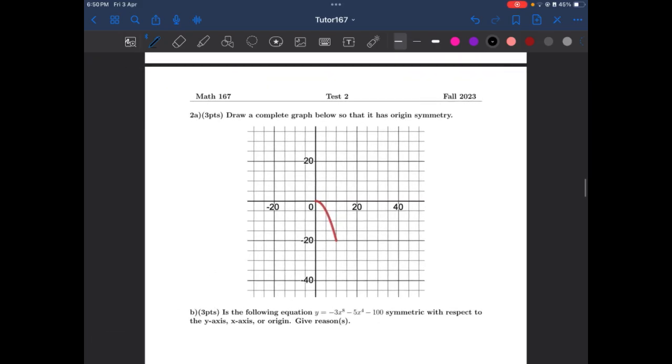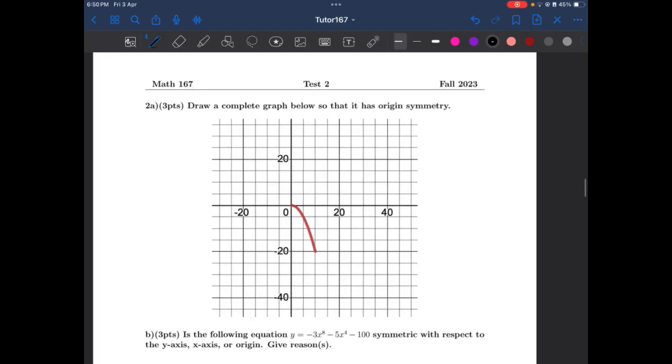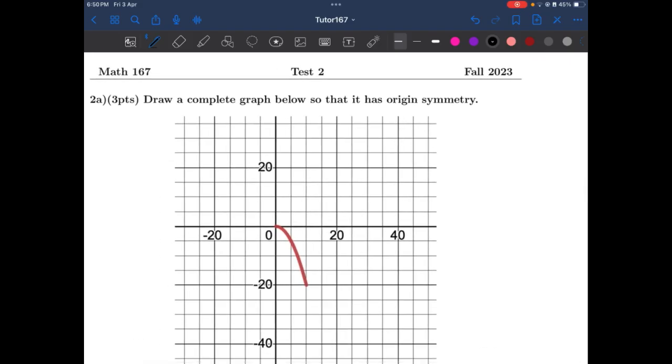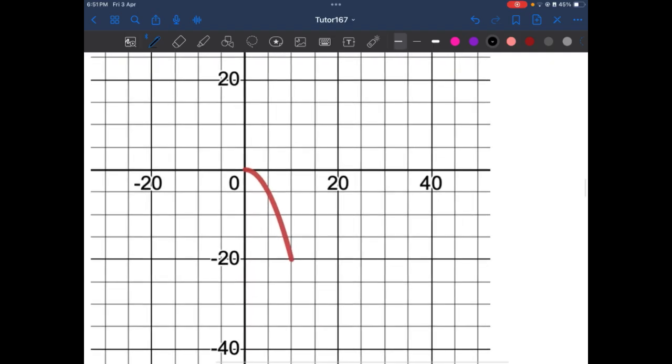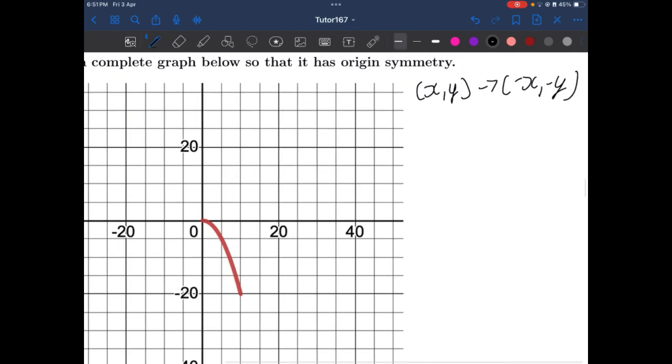Draw a complete graph so that it has origin symmetry. When you want to graph origin symmetry, for every point x, y on the graph, there's also the point negative x, negative y. That's how you know the graph has origin symmetry. Let's find the points on this graph that we can actually locate. We have 0, 0.